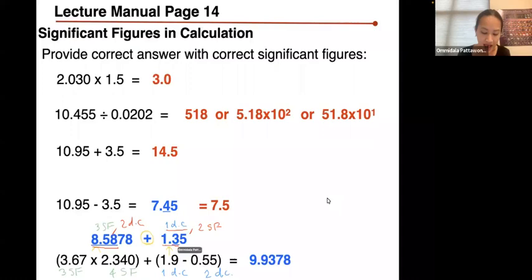But the last operation is addition, so addition goes by the least number of decimal places. The least is 1 decimal place, which comes from the prior operation, the subtraction. Therefore your final answer would contain only 1 decimal place, so you cut right here. Your final answer would be reported as 9.9, limited by the last operation, the addition.